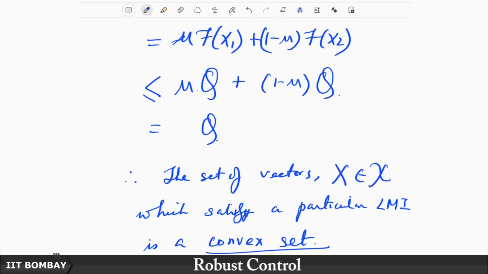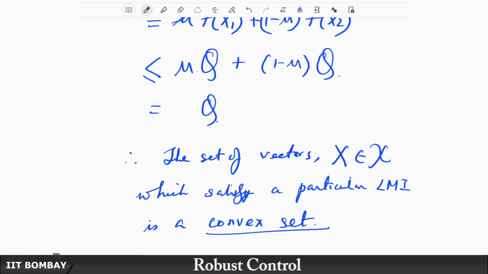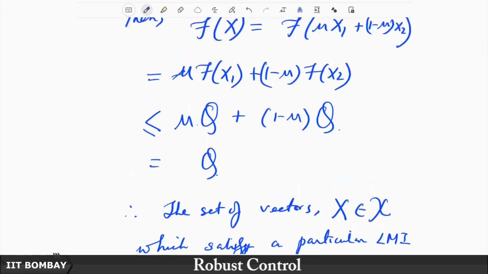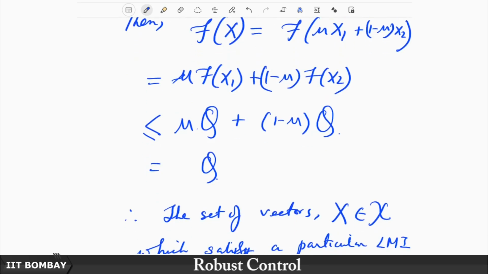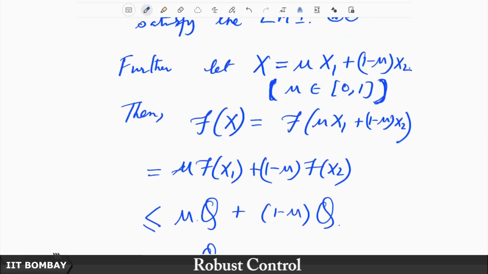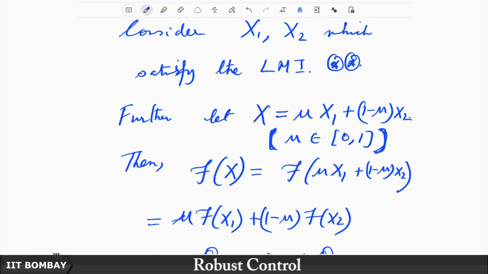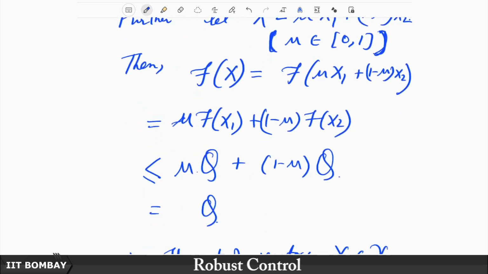You are trying to pick out from amongst all those vectors x which satisfy this LMI, that particular x for which this LMI gives you the minimum, because it is a linear function, right. Then you are basically searching over a convex set, because all those vectors which satisfy this LMI form a convex set. That is what we have just proved, right, because if x1 and x2 satisfy the LMI, then a convex combination of x1 and x2 must also satisfy the LMI.